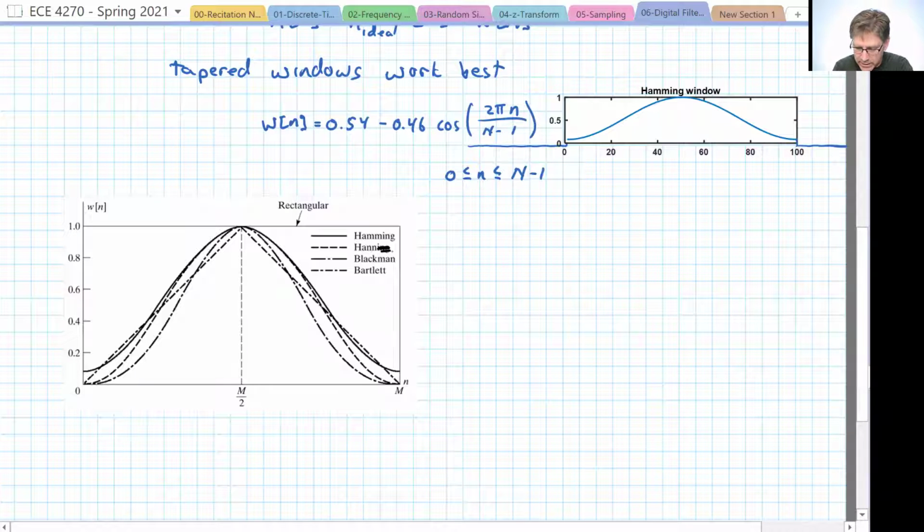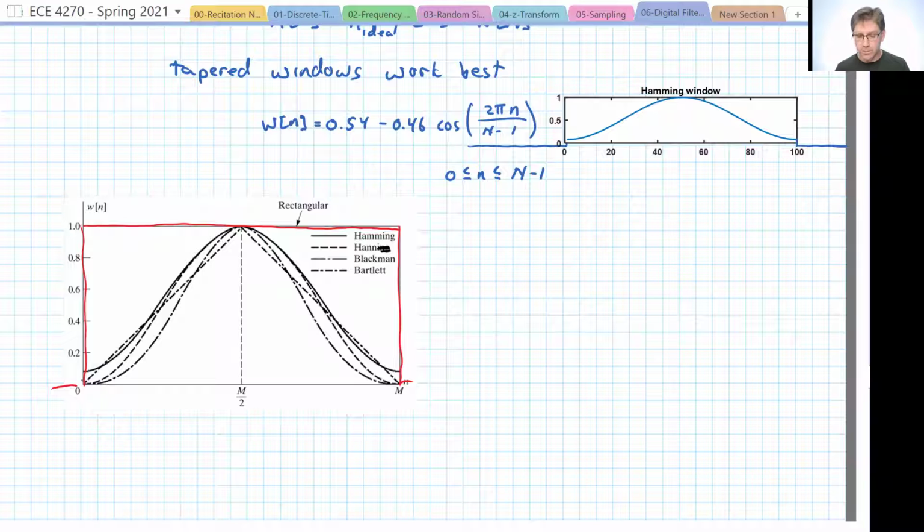It's really the Han window, the Blackman window, the Bartlett window. They're all tapered windows, and the rectangular window is a little hard to see because it's just 1 over this interval and then 0 outside. So if you want to do straight truncation, you would just multiply the signal by your rectangular window. All the samples in here are retained, all the ones outside are eliminated.